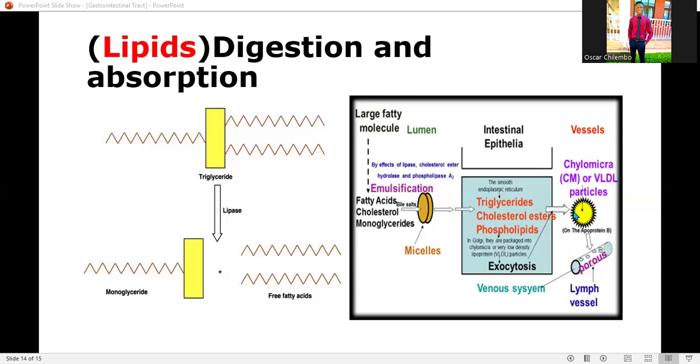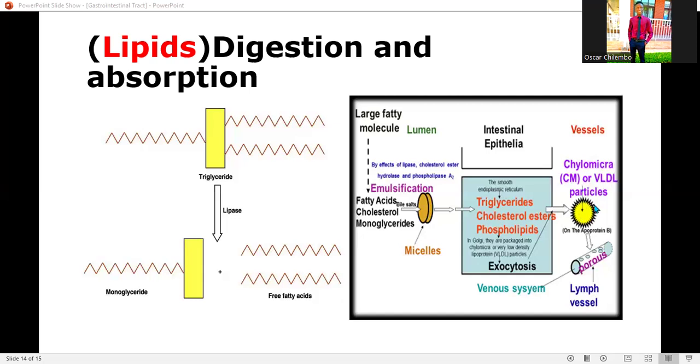How is it going to happen? The absorption of lipid does not just involve movement of substances from the enterocyte into the blood capillaries. No. First, they use what we call the lymphatic system. So these chylomicrons actually get to be absorbed by the lymphatic system.